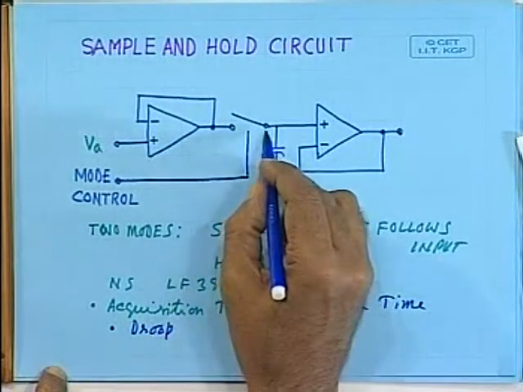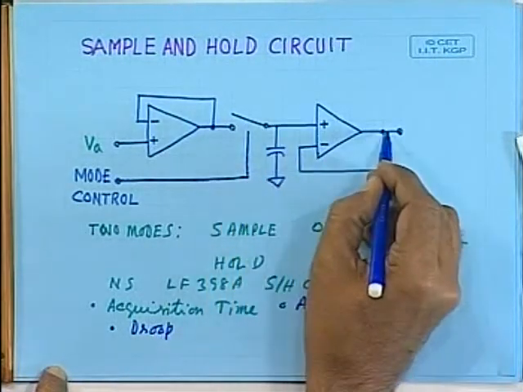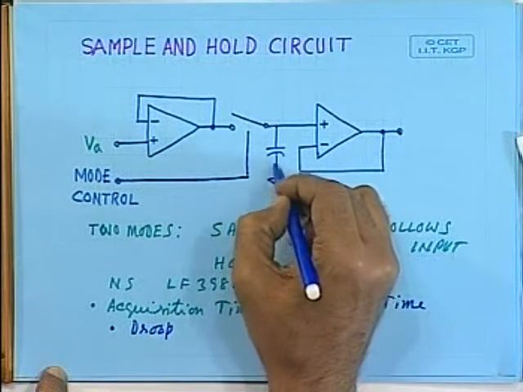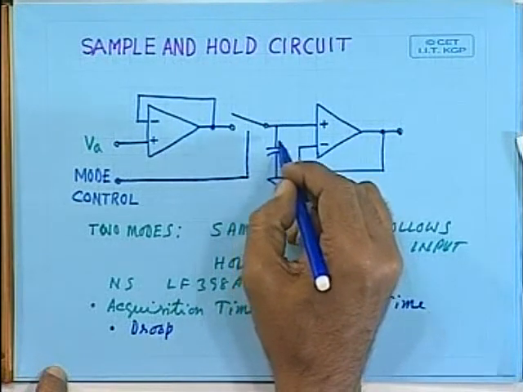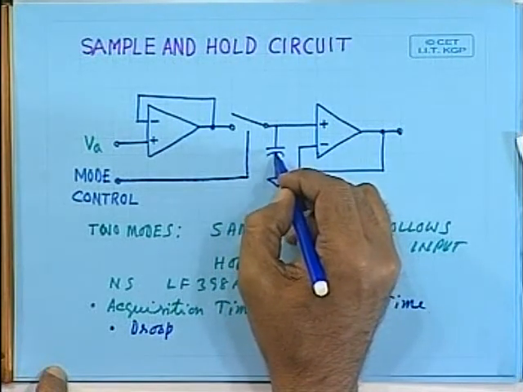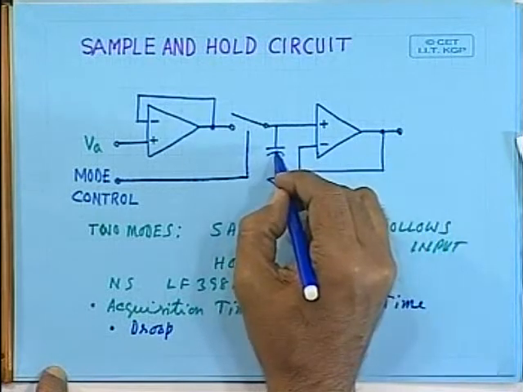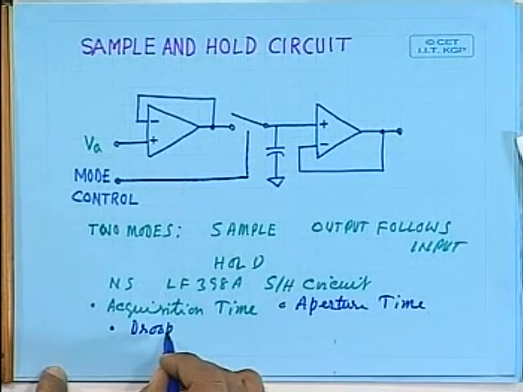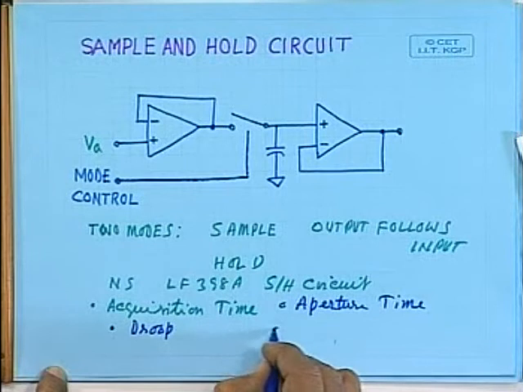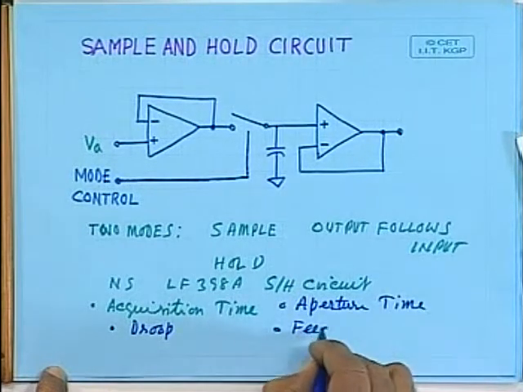As I mentioned, during the hold mode this output should not change, but because of the leakage of the capacitor, there will be some change. So this is the change in the output per unit time. Usually it is very small. This parameter you have to see. Then the last parameter is feed through.